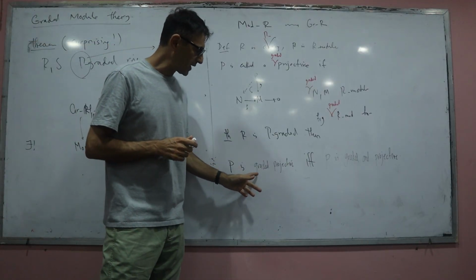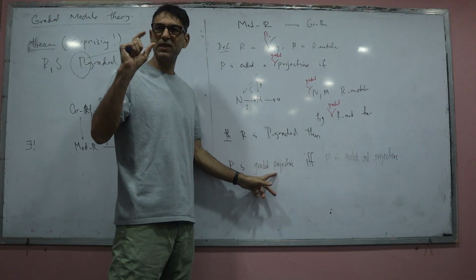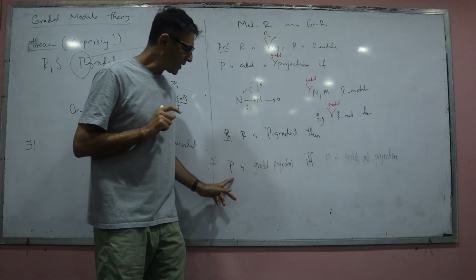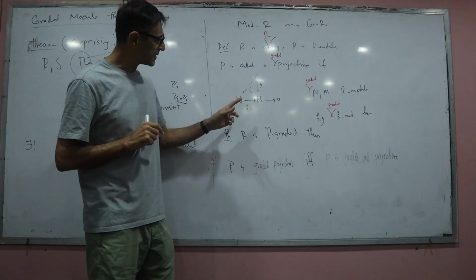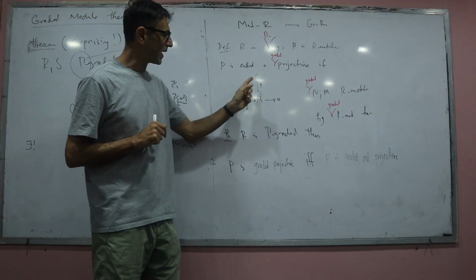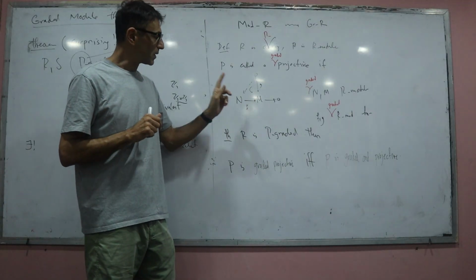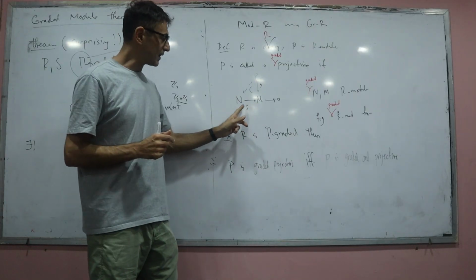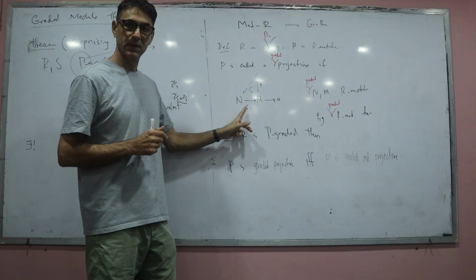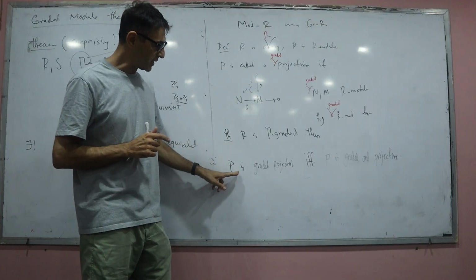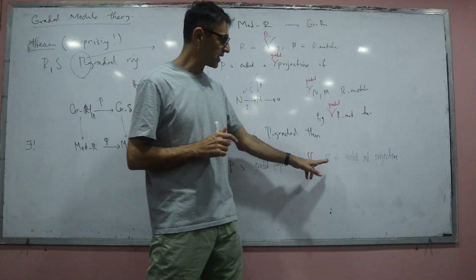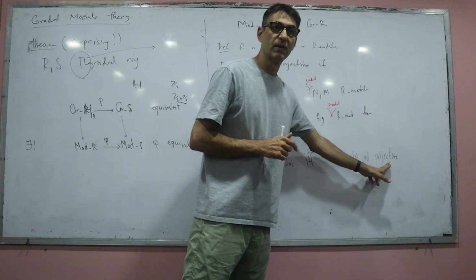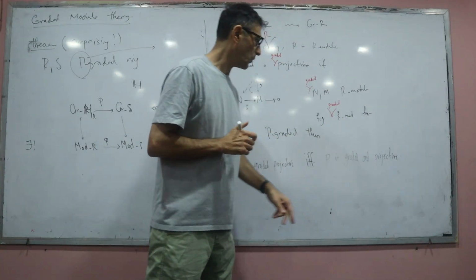So P is a graded projective. It means that P sits in here and it fills the diagram, when N and M are graded and these are graded homomorphisms. Now the theorem says P is graded projective implies that P is projective, and this is not clear to me. Why?